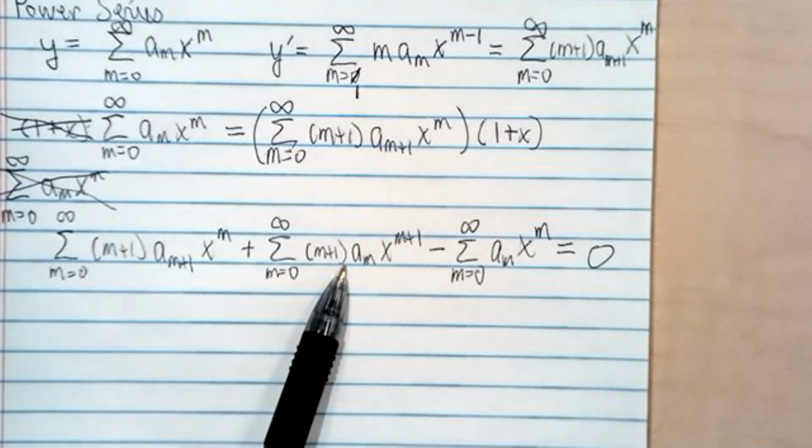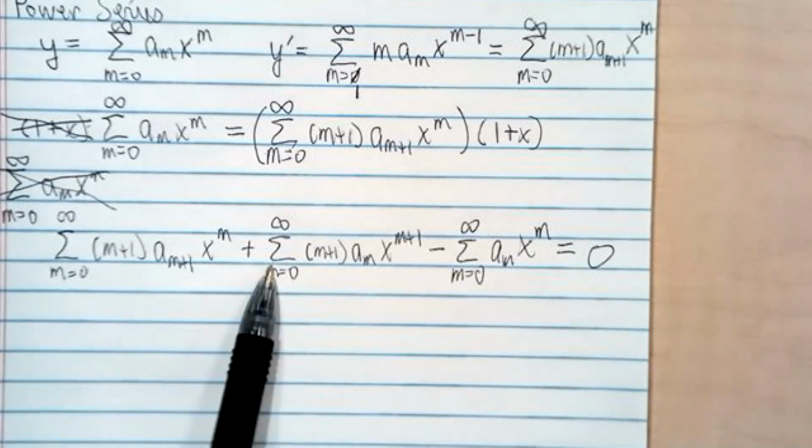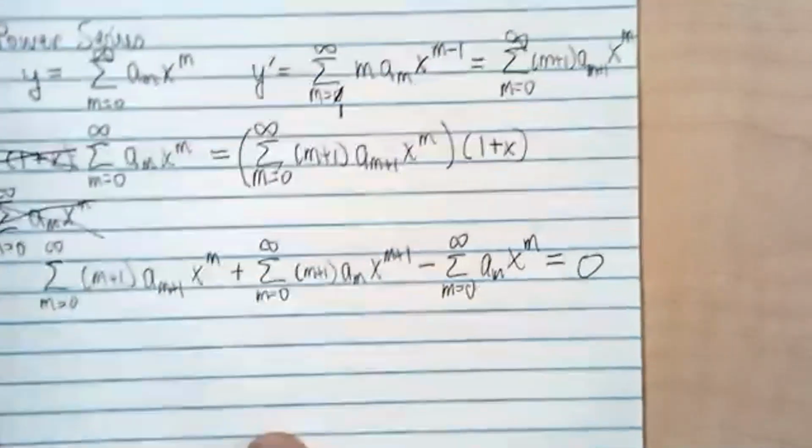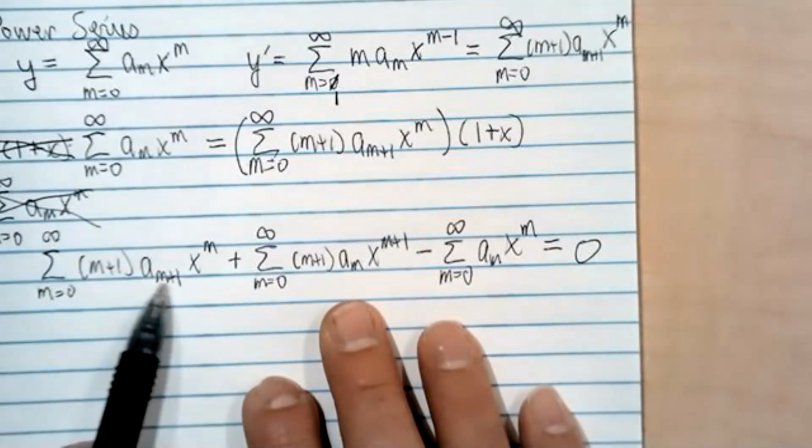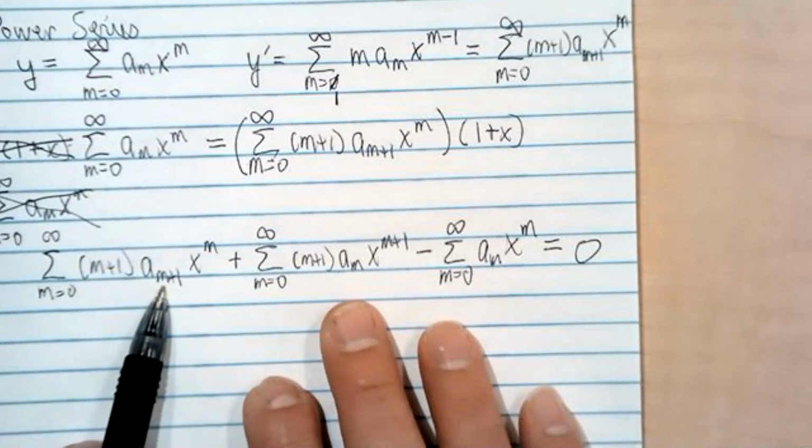And then the starting points will not agree anymore. So what's nicer anyway? I think we're used to seeing indices, the subscripts, at m plus 1, but not m minus 1.